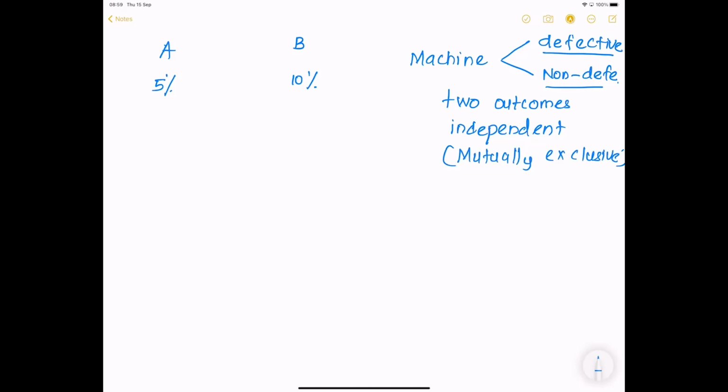And here we are considering the defective items. Our concern is defective items. The question clearly mentioned that we are considering defective items. We have two outcomes, defective and non-defective, and those are independent and mutually exclusive.